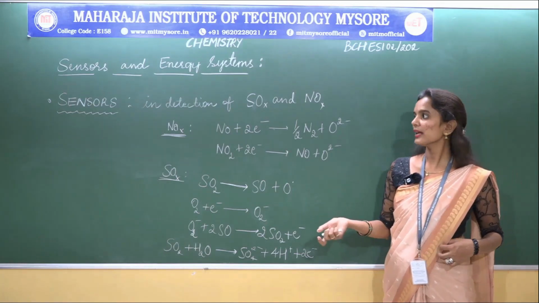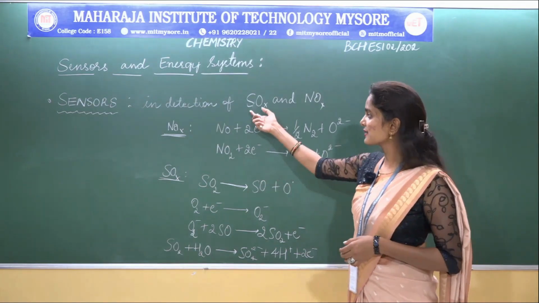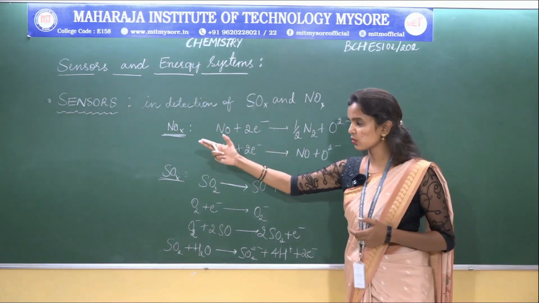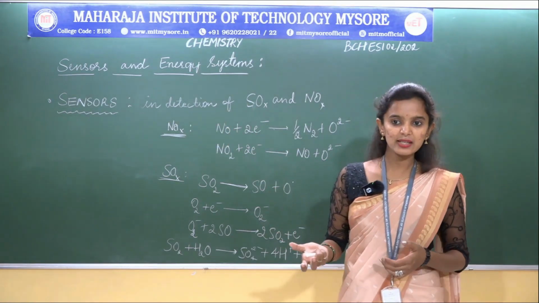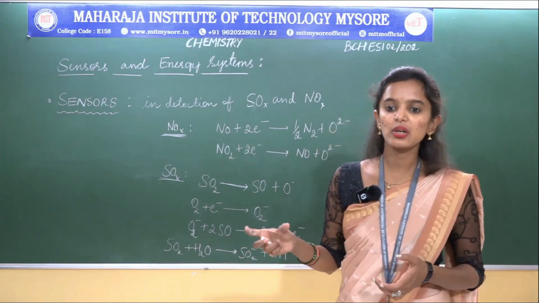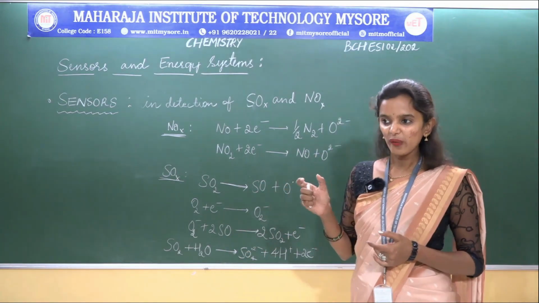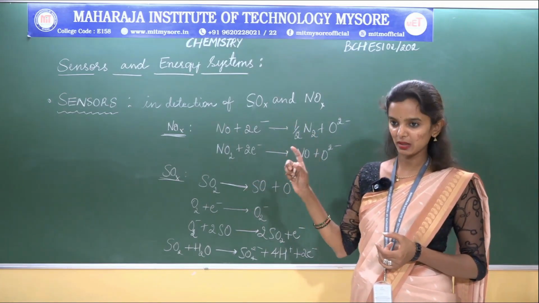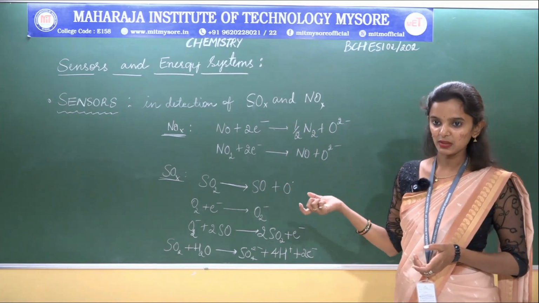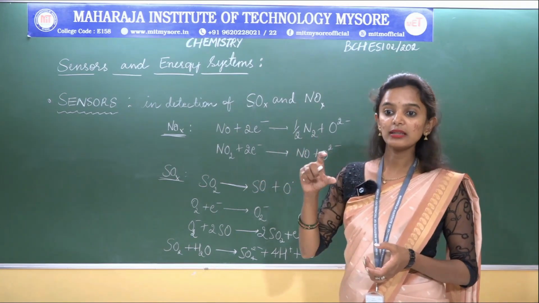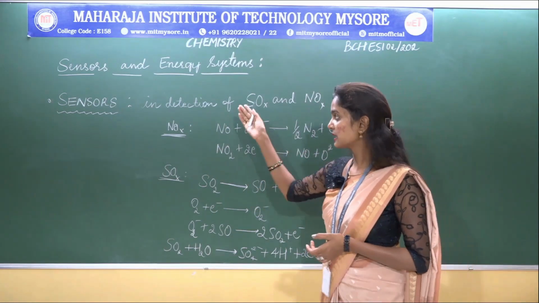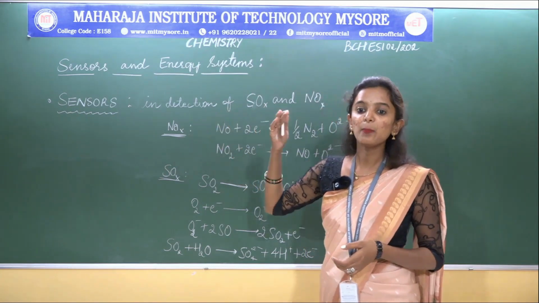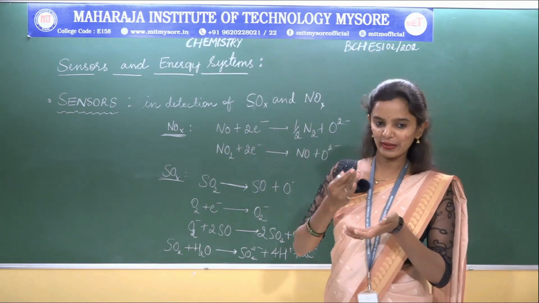So in the electrochemical detection of oxides of nitrogen, the sensor is used to measure NOx concentration. When the sensor comes in contact with the gas analyte, that is your toxic gas, it measures the amount of gas.